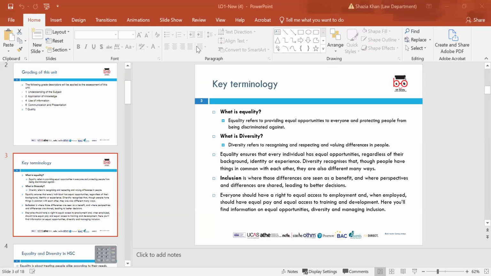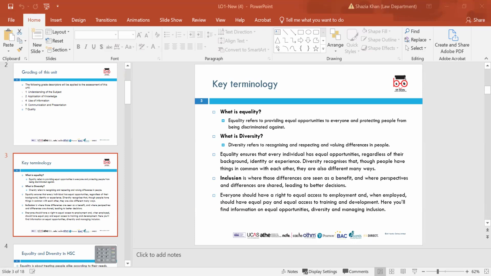Treating people equally and fairly, and understanding about the rights. Everyone has the same rights. Yeah, so treating people equally is really important, and protecting them from being discriminated against. But does that happen?